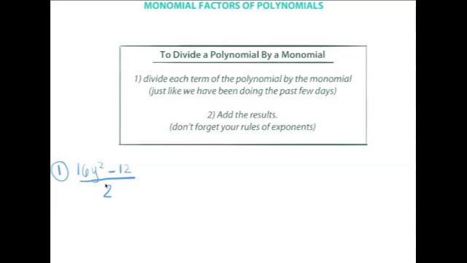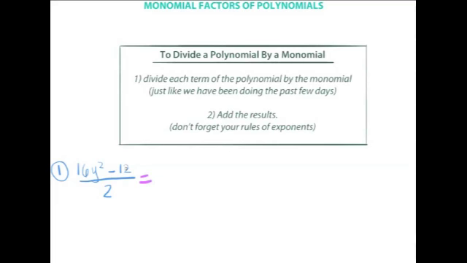And so this is basically what the problems look like, and to divide a polynomial by a monomial, I've given you two steps here pretty much. In this first step, to be a little more specific, I'll use example 1. You see this 16y squared minus 12 all divided by 2. So you want to divide each term. Each term meaning you want to set the top.